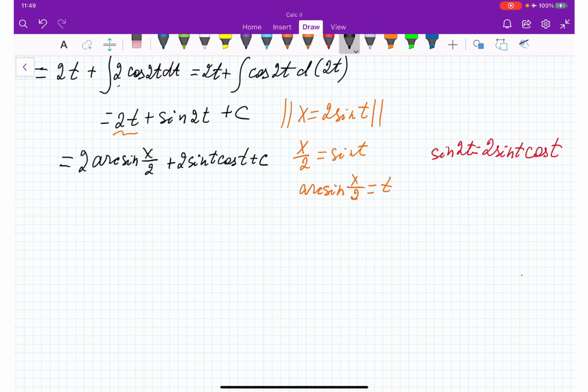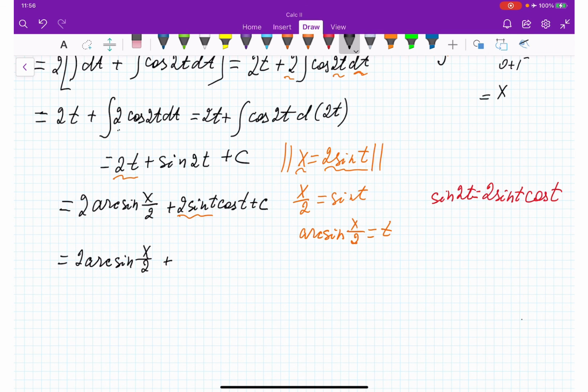Okay, so from here, what is it going to be? 2 sine t we already know. Let me change the color so we will see. 2 sine t is x, right? Here, let me write down 2 arc sine x over 2 plus, it's going to be plus x, since 2 sine t is x, or I can leave 2 since arc sine has x over 2.